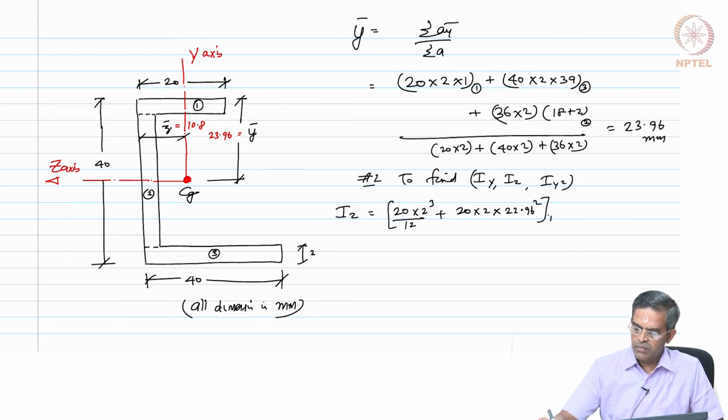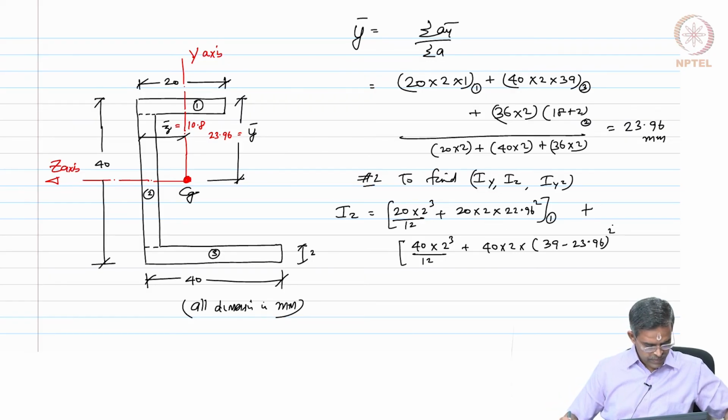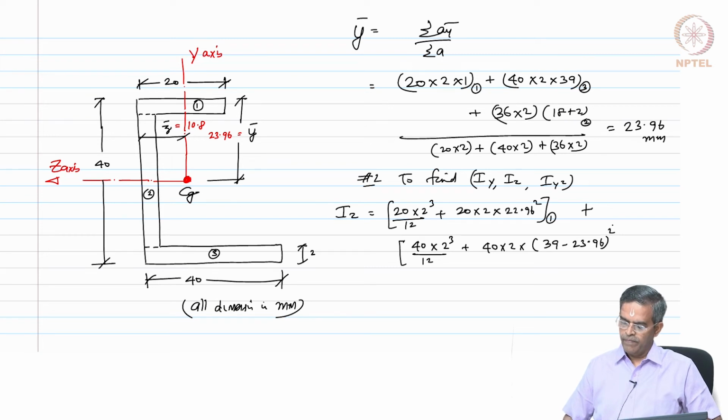This is for piece number 1, plus 40 into 2 cubed by 12 plus 40 into 2 into 39 minus 23.96, the whole squared, am I right? This is for piece number 3.